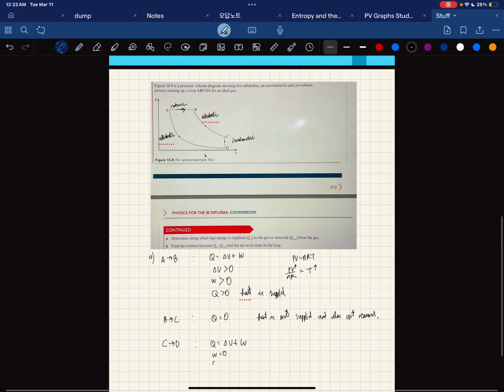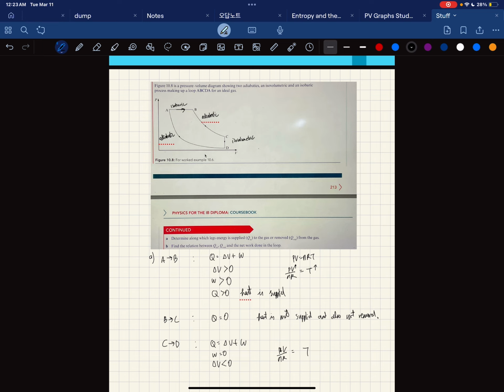Now, for internal energy, we can tell that internal energy here would actually decrease. Now, why is this? Again, let's use PV over nR is T. So volume remains the same, but pressure has decreased.